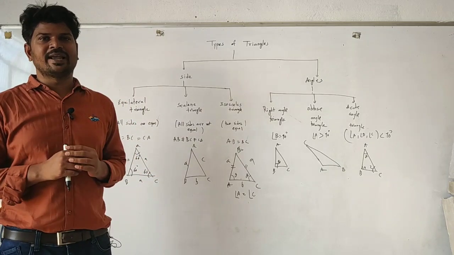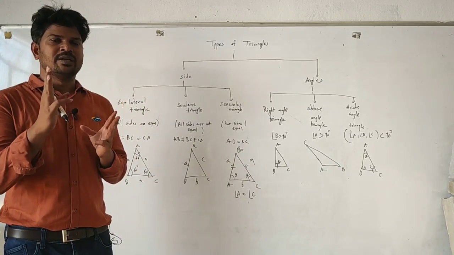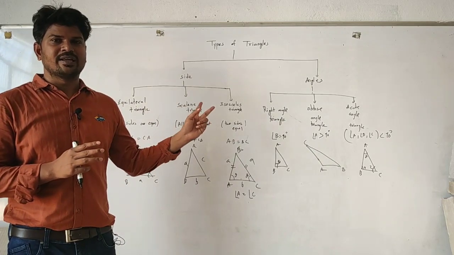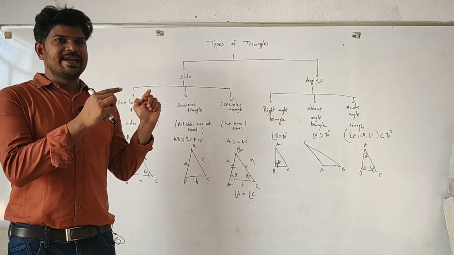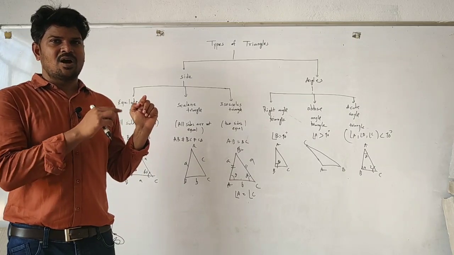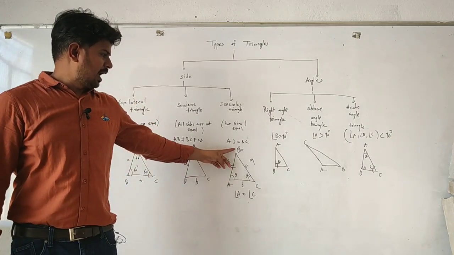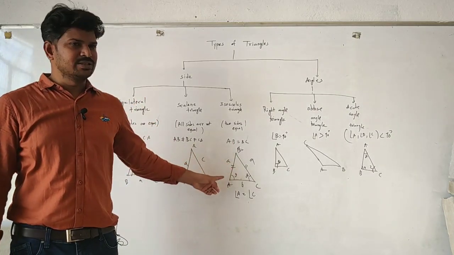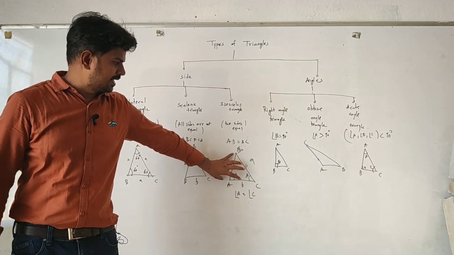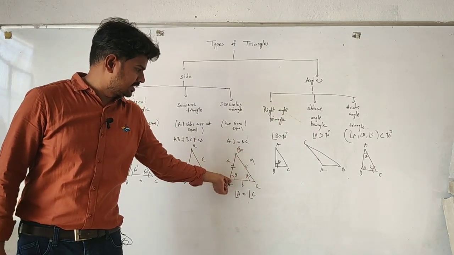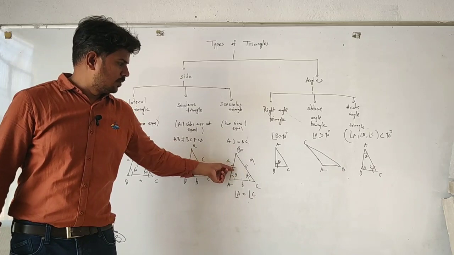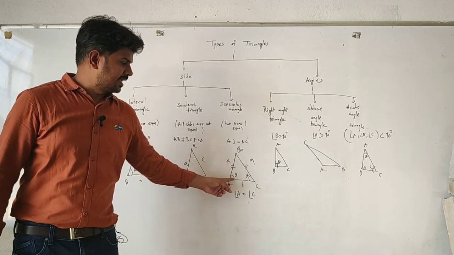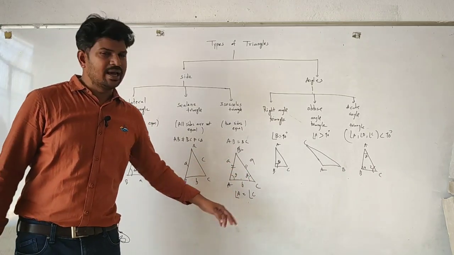In the equilateral triangle, as three sides are equal, angles are also equal. Here as two sides are equal, angles opposite to the sides are also equal. As I mentioned here, AB is equal to BC. These two sides are equal. The angle opposite to this side is this angle, and the angle opposite to this side is this angle. So for these two arms, the opposite angles are the same. That is, angle A is equal to angle C here.